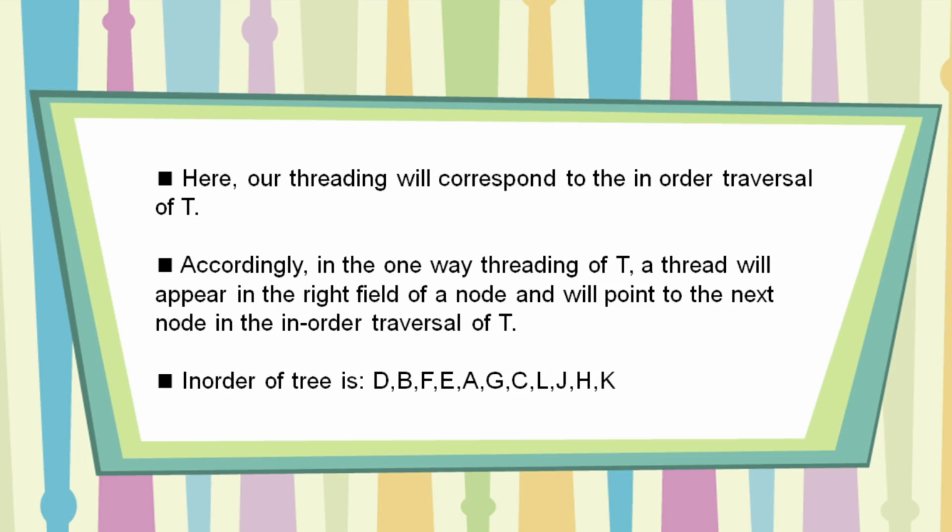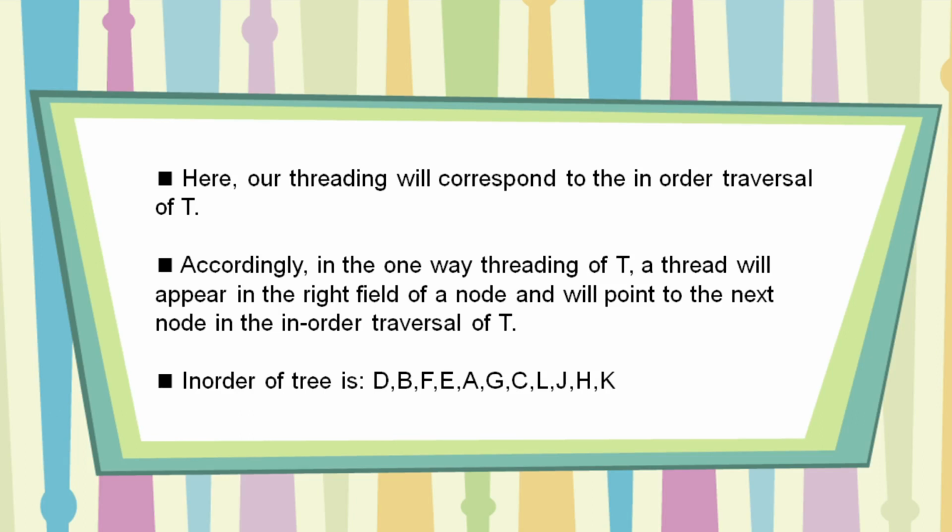According to our threaded binary trees, there are two types: one is one-way threaded binary trees or single threaded binary trees, and the next one is double threaded binary trees or two-way threaded binary trees. In any threading we use in-order traversal.